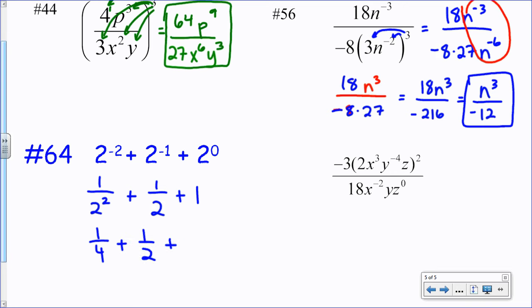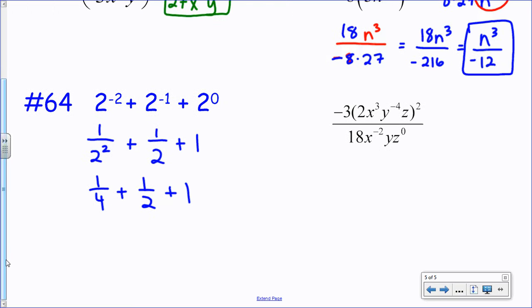So these are real numbers. You can add them and get an answer. They're in fraction form, so leave your answer in fraction form. 1/4 plus 1/2 plus 1 is 7/4.